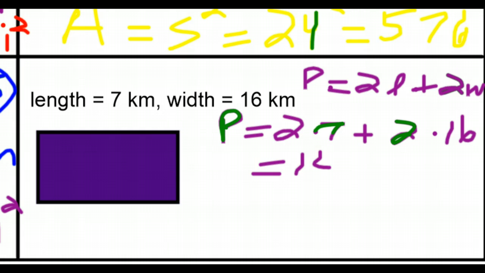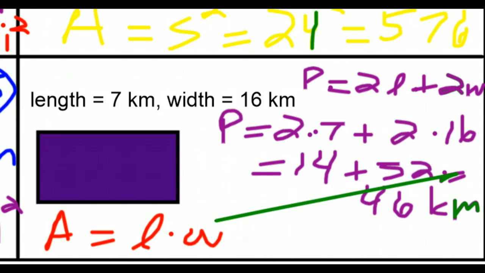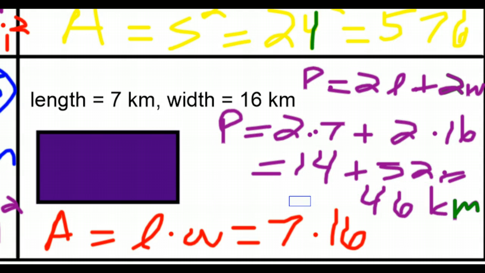So 14 plus 32 is 46 kilometers. And finally, our area is length times width. The length is 7, the width is 16, and 7 times 16 is 112 square kilometers.